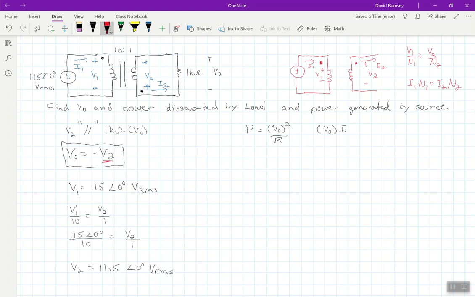So my final answer for V out is that V out is negative 11.5 at an angle of 0 degrees. Or another way you can write this, either answer is acceptable. You can still write this as a positive number, but then that negative gives it a phase shift of 180 degrees. So both answers are acceptable, except we would, of course, want to make sure to put units on them.